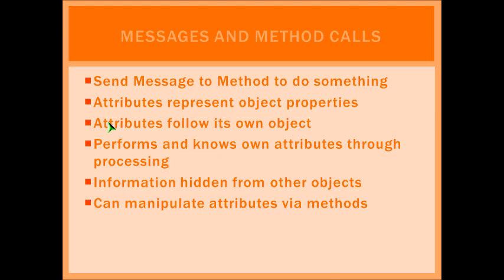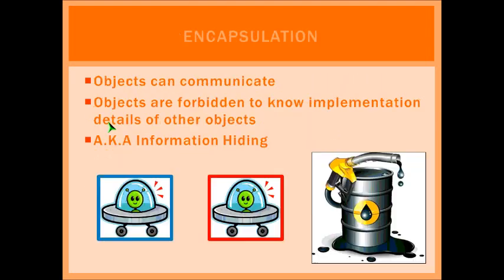Now, if we did make a pink airplane in the beginning and we decide we want to change it to green later on, you can manipulate these attributes via methods in your code. Encapsulation is the fancier word for information hiding, because your objects can communicate with one another, but they don't know the exact implementation details of other objects.